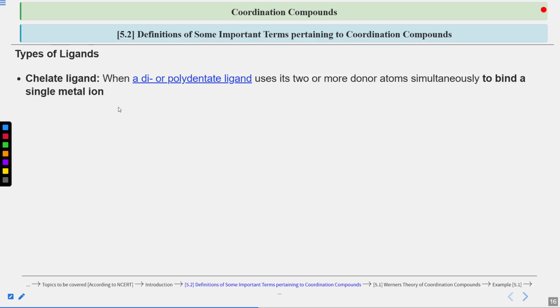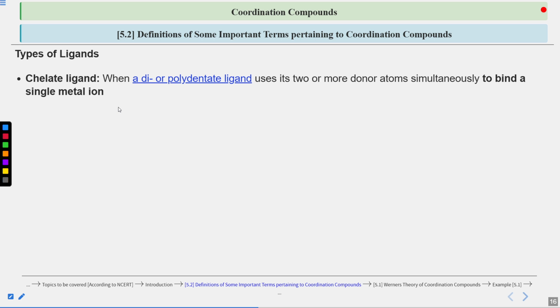Until now, if a ligand has 2 donor atoms, at a time only one of the donor atoms forms the bond with the central atom or ion.